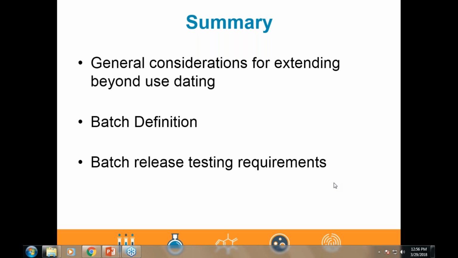For 503A, facilities is using published scientific literature or a valid method to extend BUD. Yes, remember in the presentation it says that USP 797 says if you're going to use literature, that is a theoretical BUD, and it talks a lot about being careful about the literature that you choose to use. Make sure the literature you have matches as closely to the exact formulation, the exact container closure, the exact storage conditions.